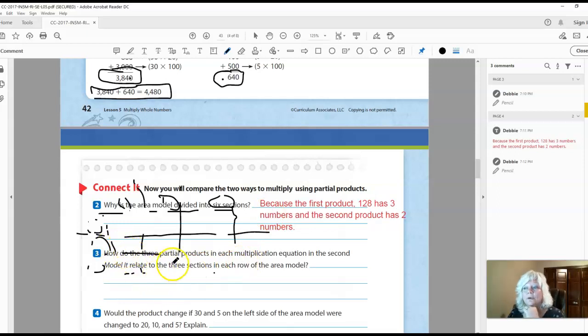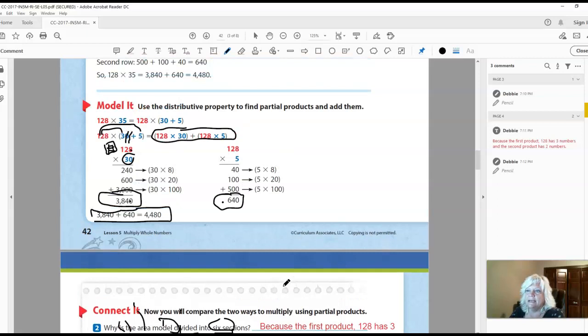Okay, so how do the 3 partial products in each multiplication equation in the second model relate to the 3 sections in each row of the top model?